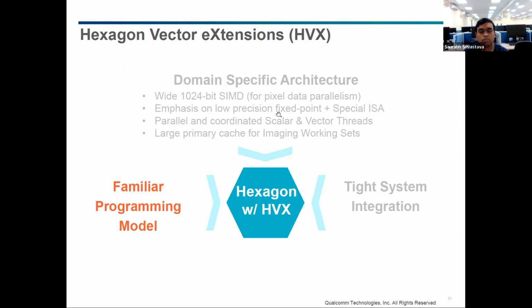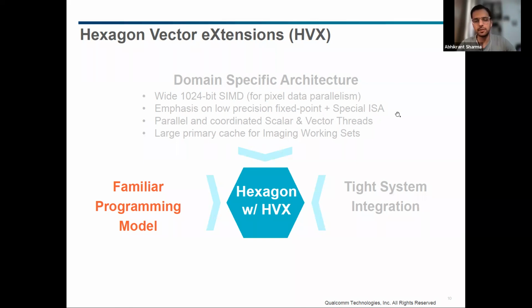So yeah, I think in the previous section, we basically covered why the architecture of HVX is so good, and why it's targeted for image processing and multimedia kind of applications. The first reason is there are 1024-bit SIMD vector registers available, which allow data level parallelism. There is low precision fixed point and a special instruction set architecture available.